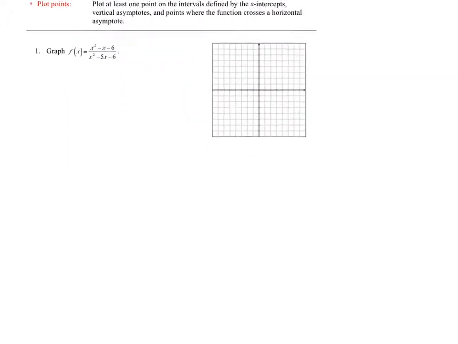Okay, here we go. So our first one, we've got f of x equals x squared minus x minus 6, all divided by x squared minus 5x minus 6. Okay, to get the x-intercept, that is when our function's output is 0. And so that happens when the numerator is 0.